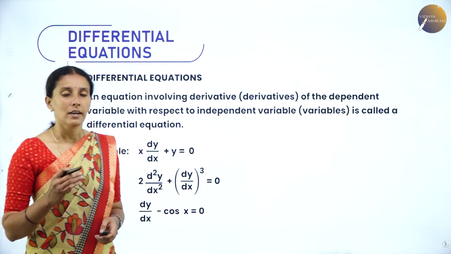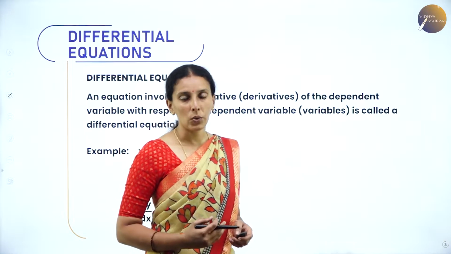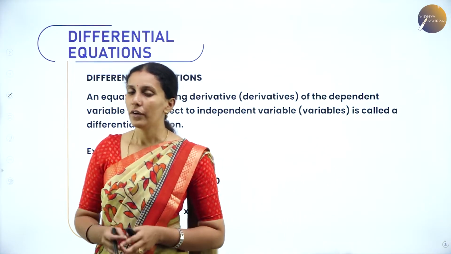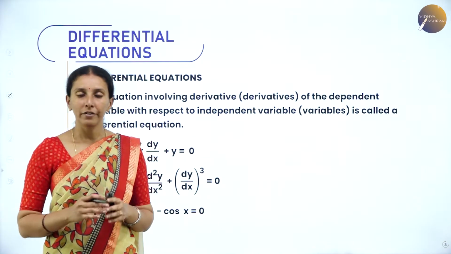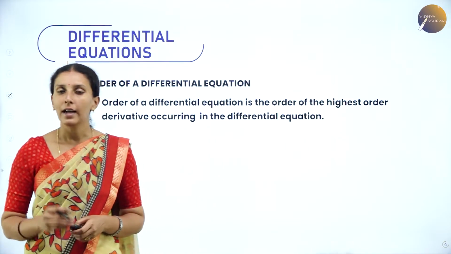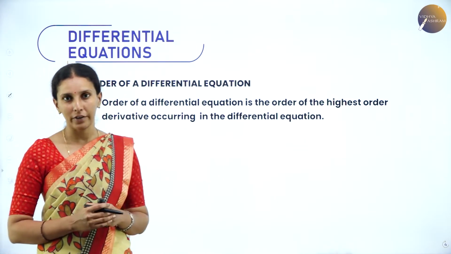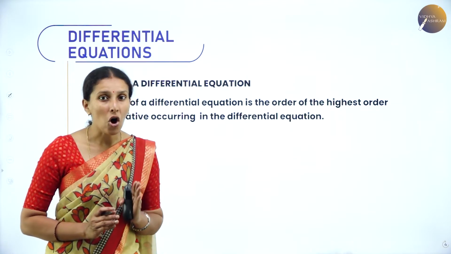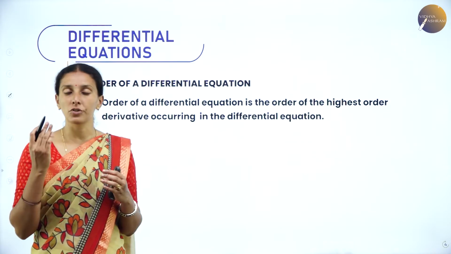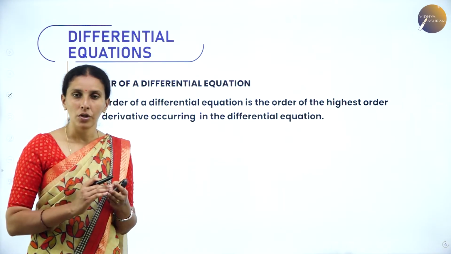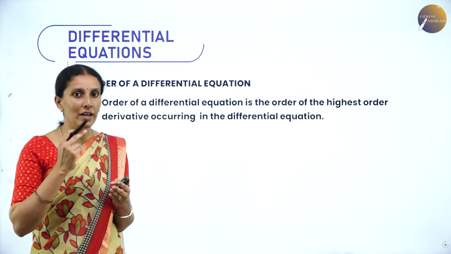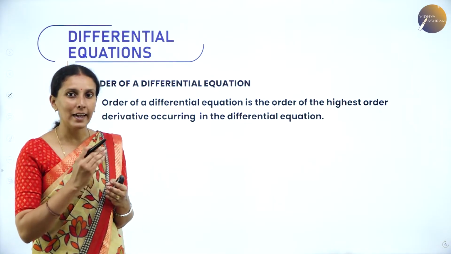As in the case of polynomial equations, you have a degree of a polynomial. Similarly, in terms of derivatives, in differential equations we have to study the order as well as the degree of the differential equation. What do you mean by the order of a differential equation? Whenever a function y is given, if you differentiate it once, it is called the first order derivative. If you differentiate it twice, it is called the second order derivative.